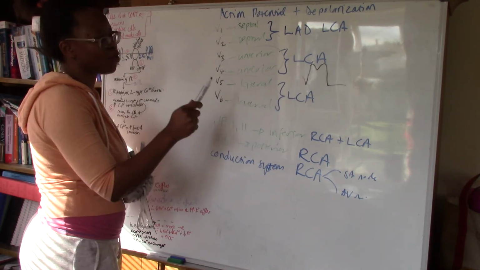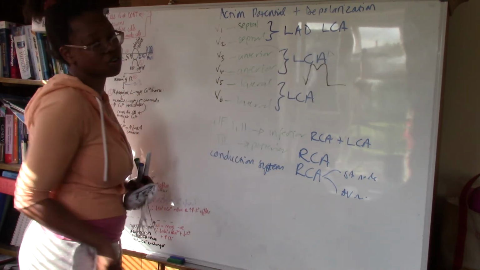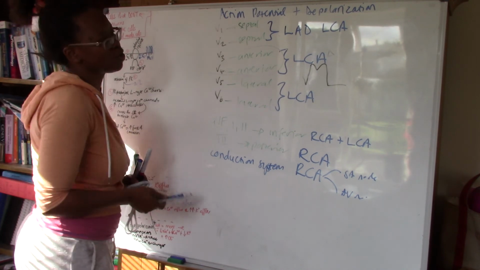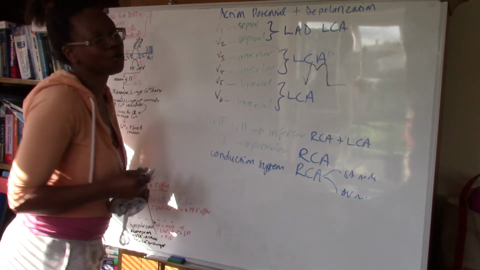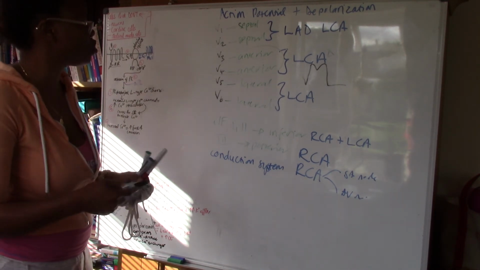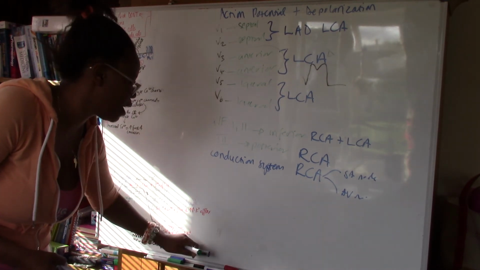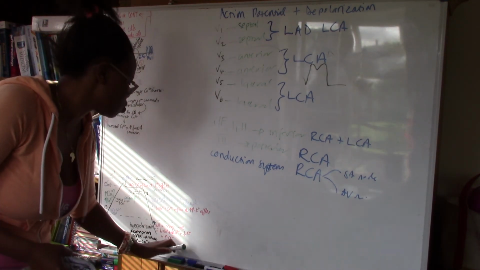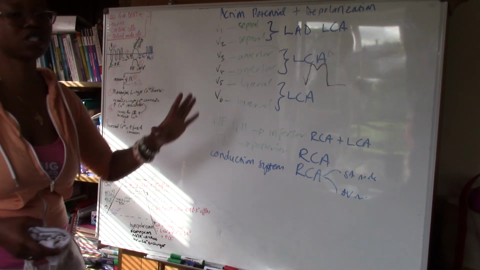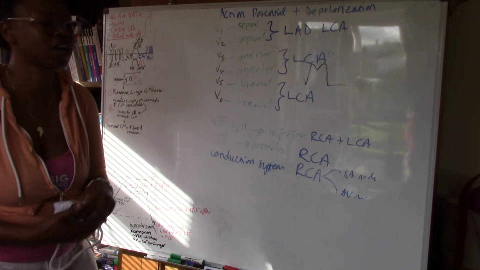So if we're to thrombolize this person, we'll know exactly that we need to go into the left coronary artery, or even if we're to do a bypass, we will know that it is in the left coronary artery. So really the point of the ECG is to show us exactly the electrical activity of the heart, and also to show us where the pathology is in terms of the coronary arteries.